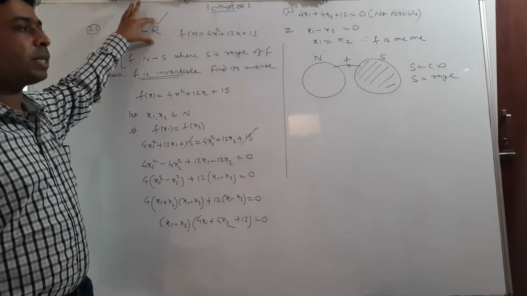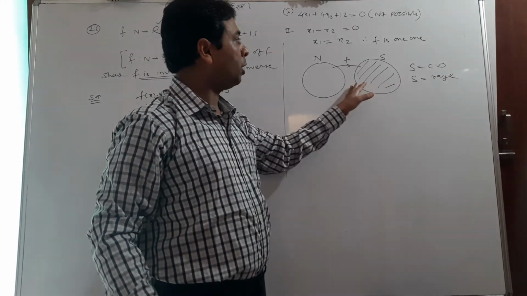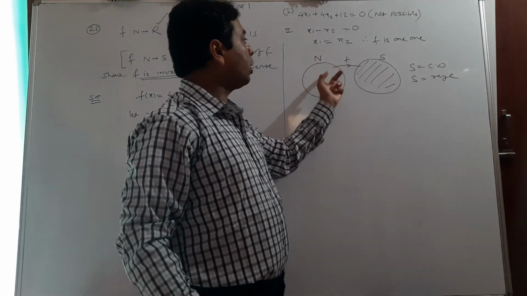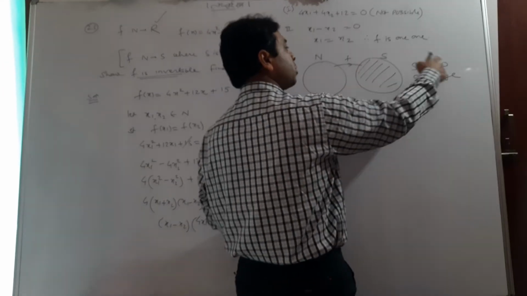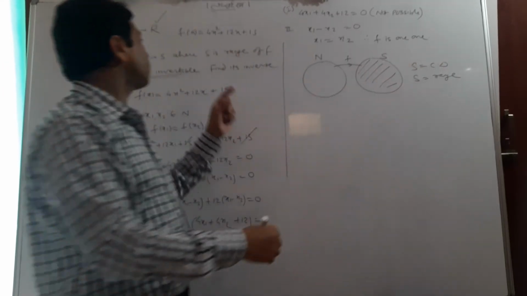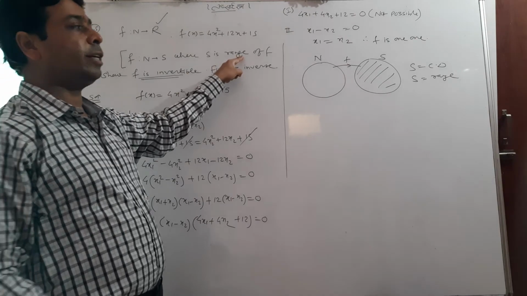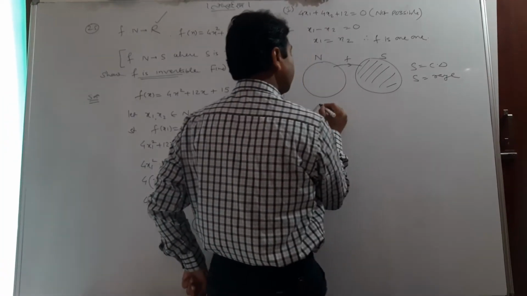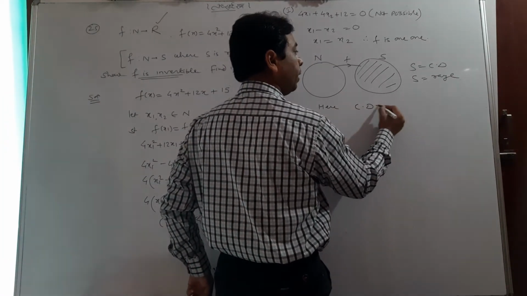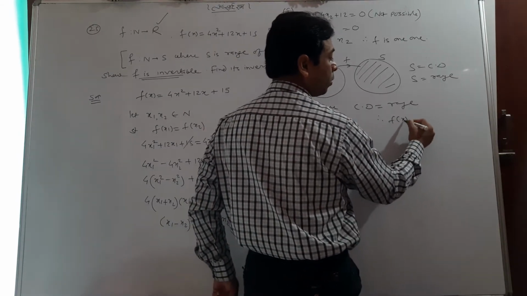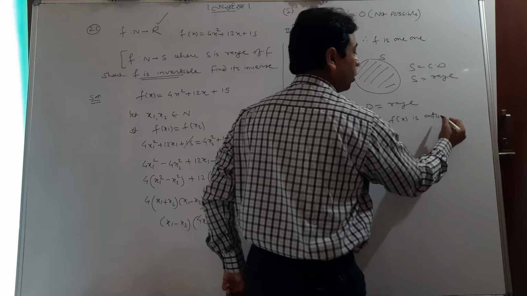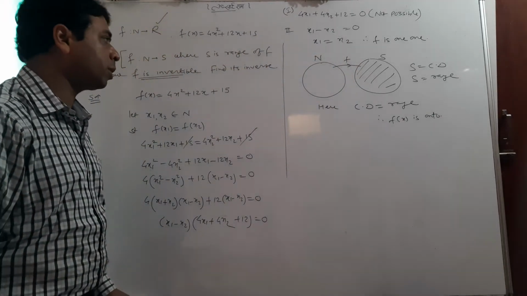We have to leave this sentence and just catch the picture that this is f from N to S, and you can simply see that S is the codomain, and as far as the question is concerned, S is also the range. So codomain and range are the same, meaning f is onto. These two terms are very necessary terms.